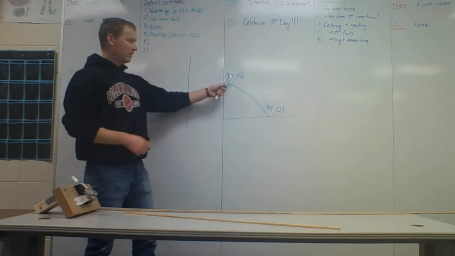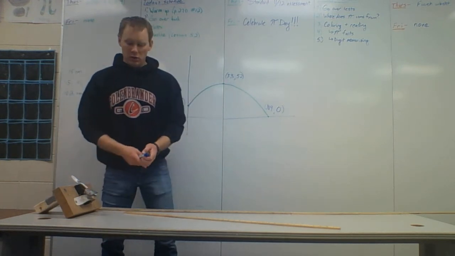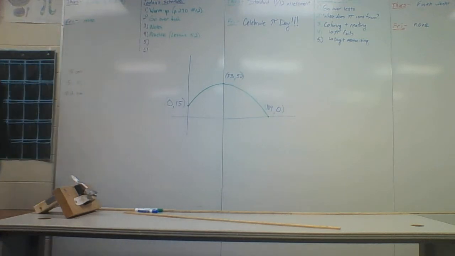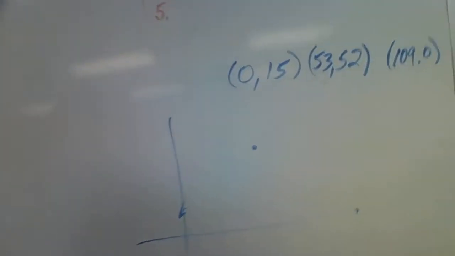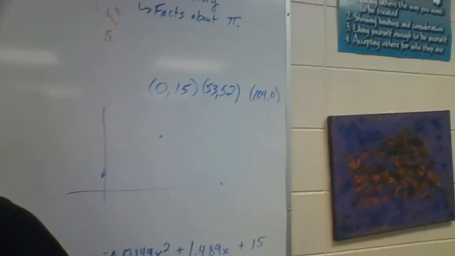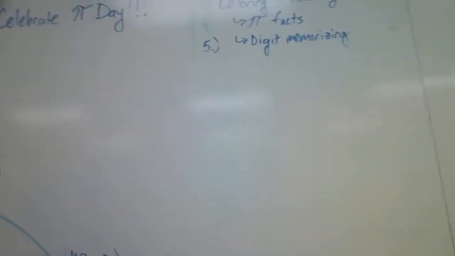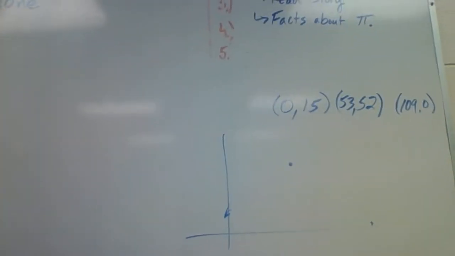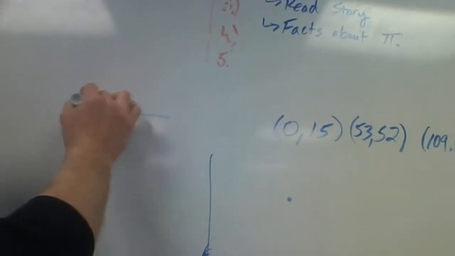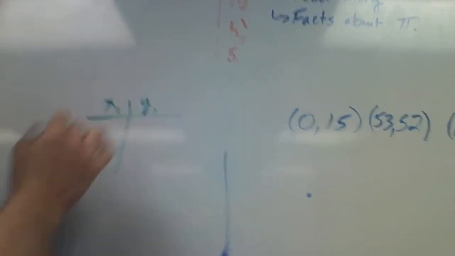So you would take this data and simply use Desmos, like we've done in the past. We would put these ordered pairs in a table. Remember a table? x1, y1.